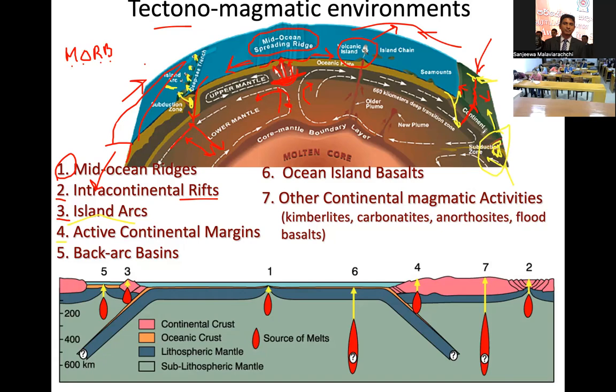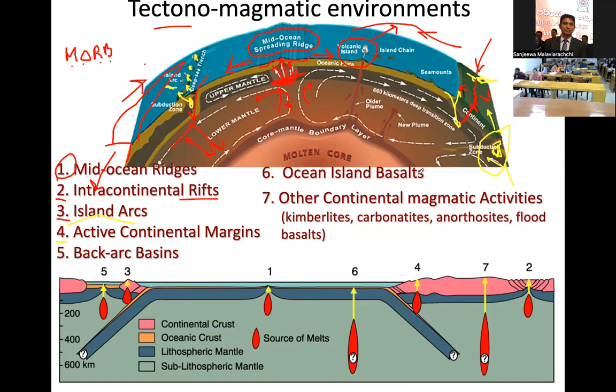Because these two are continents, right? Friction and other as a result of collision, there will be a lot of melting taking place. So that continental magma will produce felsic magma mainly, but still they have the possibility, if there is a lot of lower continental crust involved, then there can be mafic melts produced.